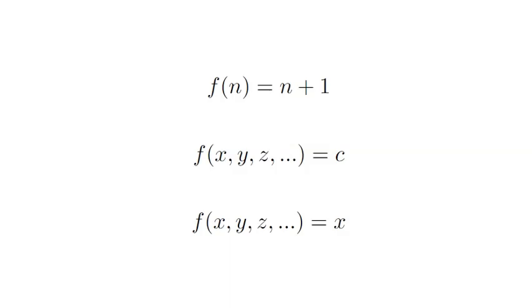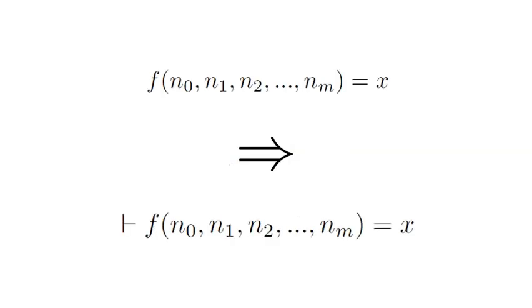Recursive functions have a very special property, which is that if you take a recursive function, give it some inputs, and get m as an output, you can always prove from the axioms of number theory that m is the output of that function given those inputs.